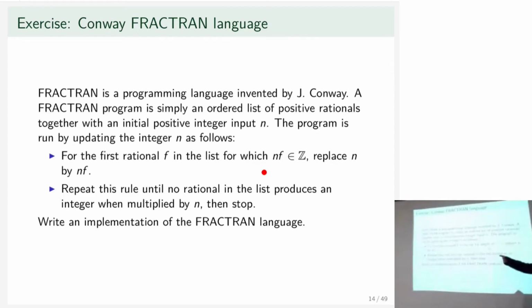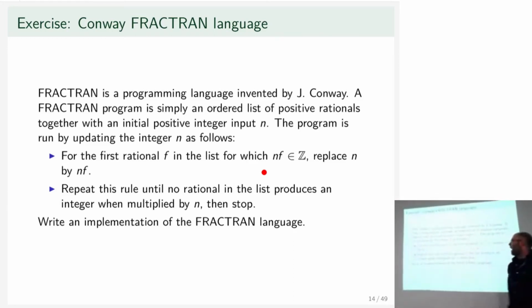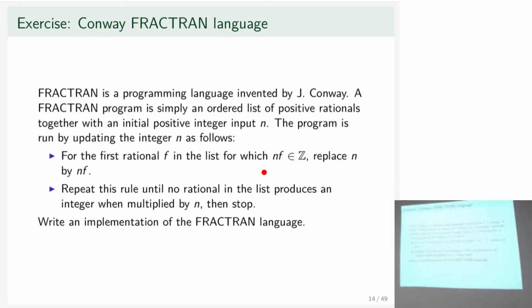And you repeat this rule until no rational in the list produces an integer when multiplied by n. This is an exercise that I would like to solve during this week. Of course, if you know how to write computer programs, then this is not hard. But if you don't know how to do this, then this is an interesting exercise.